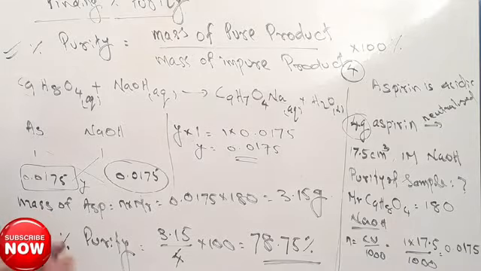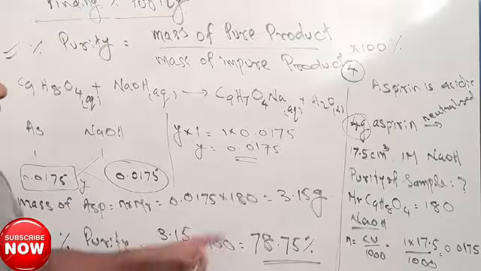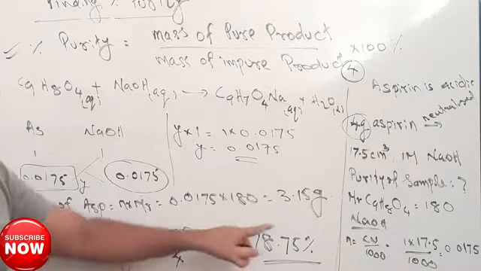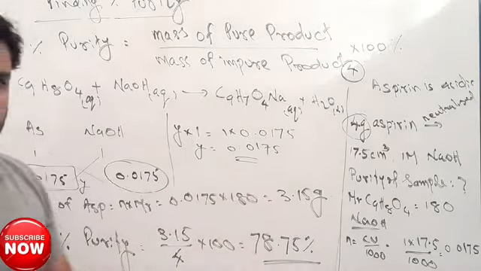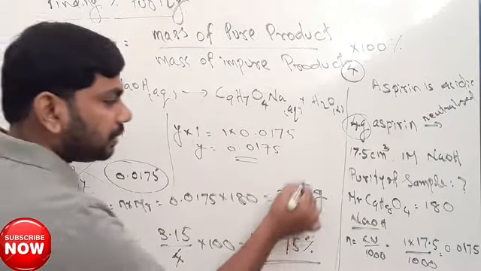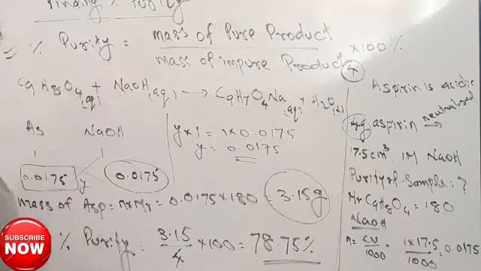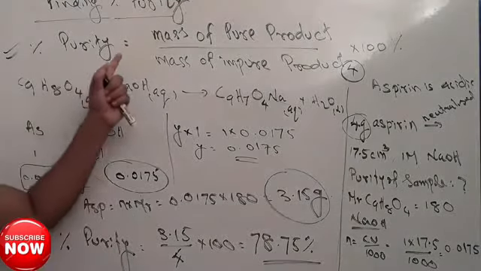Using this information you can find the mass of pure product. Mass of pure aspirin is number of moles times molecular mass. Number of moles we calculated 0.0175 times molecular mass 180. So the mass of pure aspirin is 3.15. How can you find percentage purity?